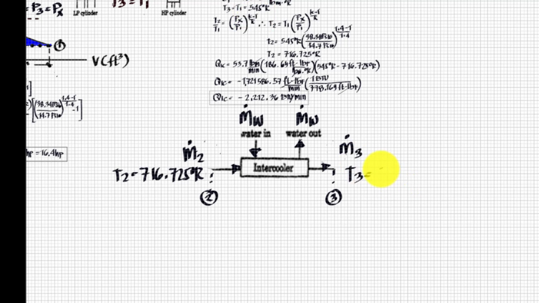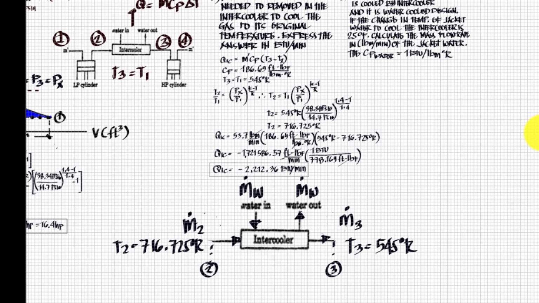So we have 545 degree Rankine. And the problem says that we have the rise in temperature of the water, or the change in temperature, equal to 25 degrees Fahrenheit.